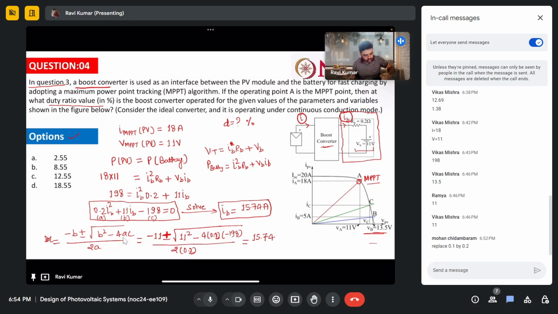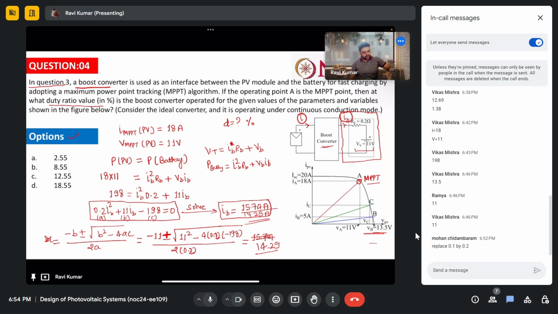Okay, so I'm getting 14.29. Are you guys getting the same or not? Whatever it is, if it is 0.2 or 0.1, you can change this.